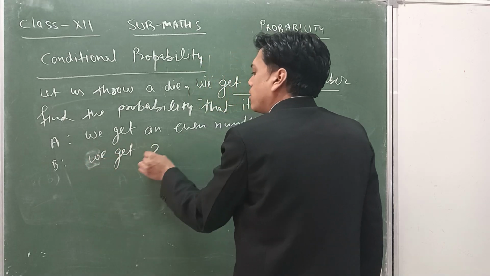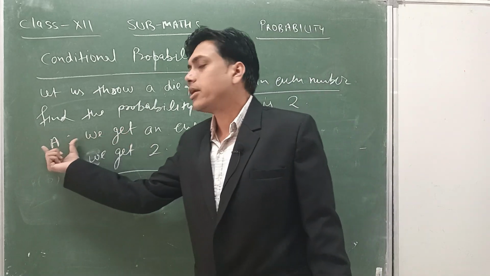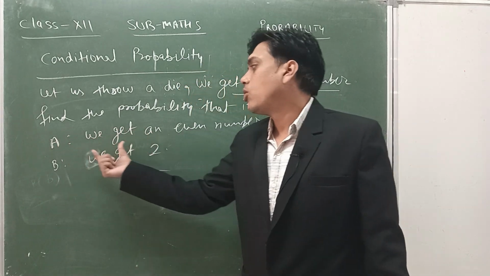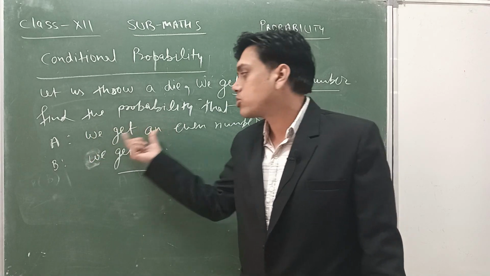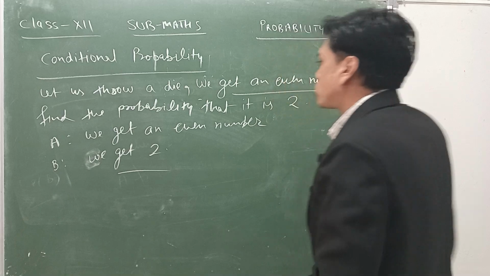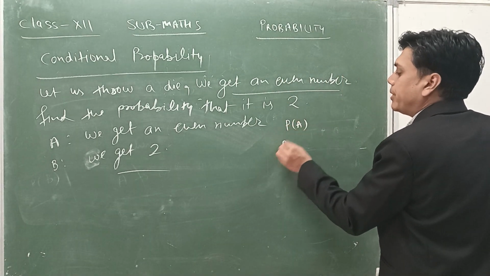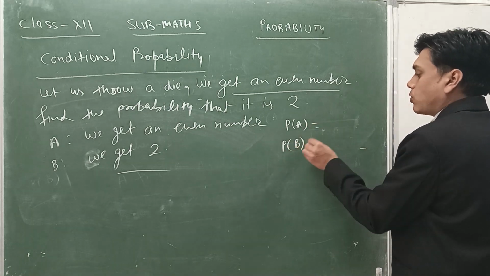We should make the statements of a common type: if we are starting with we get, then an even number has occurred. We should use the same statement so that there will be no confusion. So the probability of A and the probability of B need to be found out.